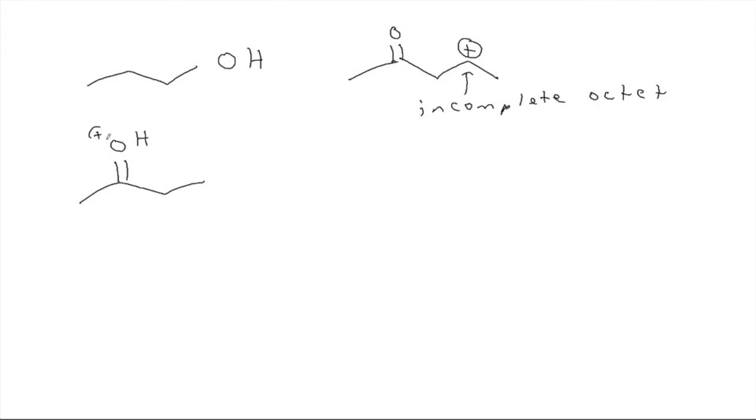Do any atoms here have incomplete octets? No. Not even the oxygen? Not even the oxygen. Even the positive charge. A positive charge does not give this an incomplete octet.